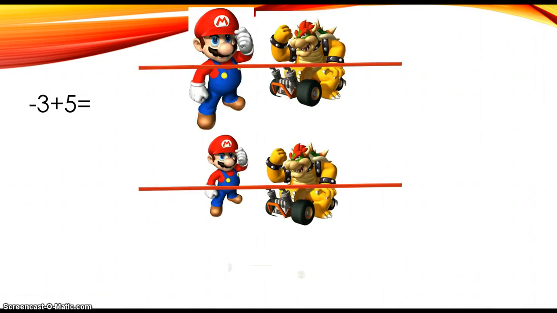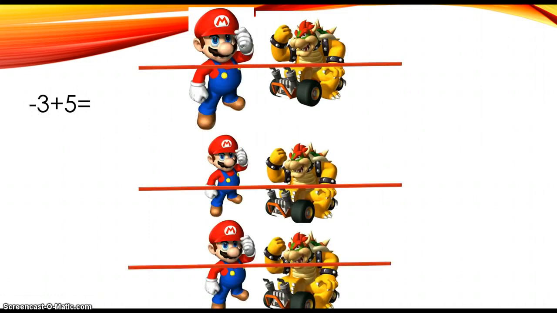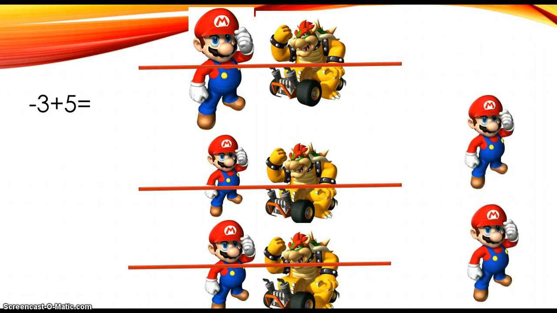When these 3 bad guys and 5 good guys meet up, each good guy is going to take out one bad guy. So we're going to have 3 bad guys and 3 good guys fight it out. What's left? You've got 2 good guys. Since it's 2 good guys, it's going to be a positive 2 for your answer.